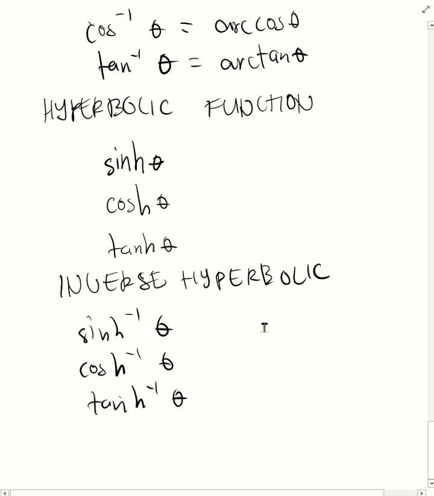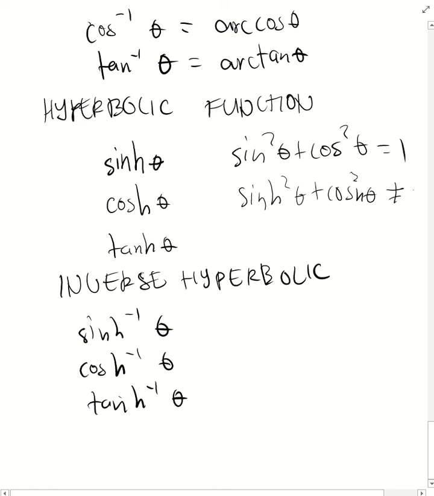But take note, it's not because you're using sine, cosine, tangent. Remember this one: not all the identities in normal trigonometry are applicable in hyperbolic functions. For example, in trigonometry, sine squared theta plus cosine squared theta is equal to 1. In hyperbolic, this is not true. Sine hyperbolic squared theta plus cosine hyperbolic squared theta is not equal to 1.